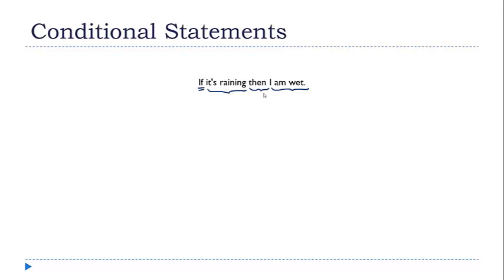And the way we write this follows the same pattern we've used for our other logical statements. We replace the two sub-statements, it's raining and I am wet, with variables P and Q. And then we have a symbol to represent the if-then part, and that's this arrow that you see here. And this is read two ways.